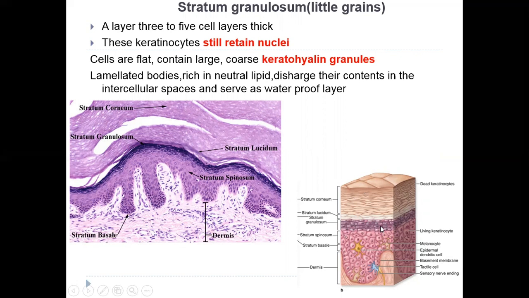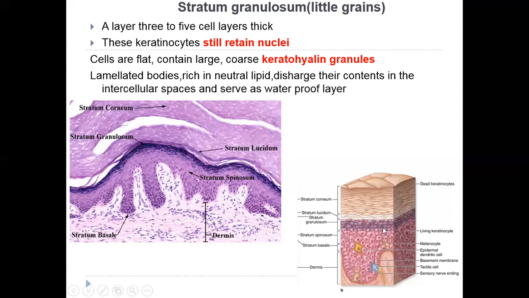They have the nucleus, and they also have some lamellated bodies which can produce lipid. They have lipid, so that is discharged into the intercellular spaces in stratum granulosum, and this works as a waterproof layer.